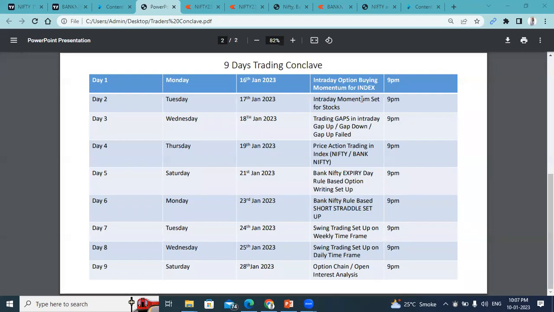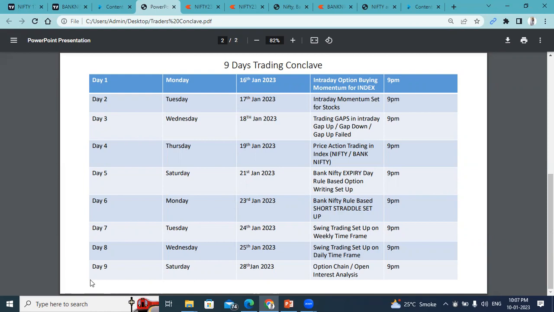No, Sekhar sir. So I will share two option writing strategies. Okay, can you see here? This is naked option. I will share with you how to sell naked option on expiry day. And day 6, I will cover short strategy. Day 7, day 8, I will cover swing trading setup for stocks. Day 9, we will have option chain.